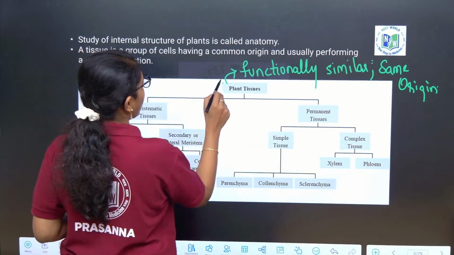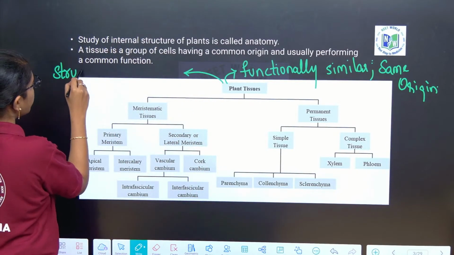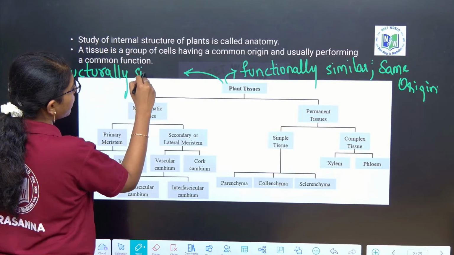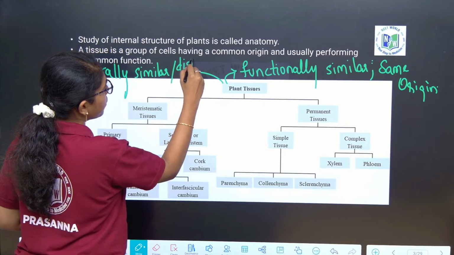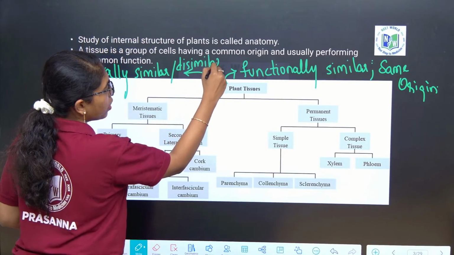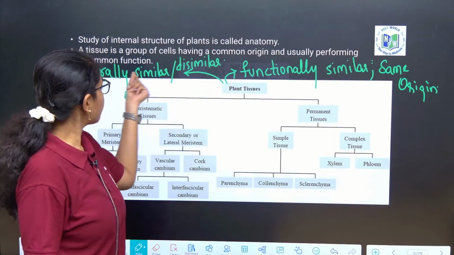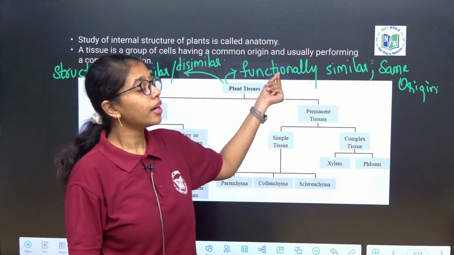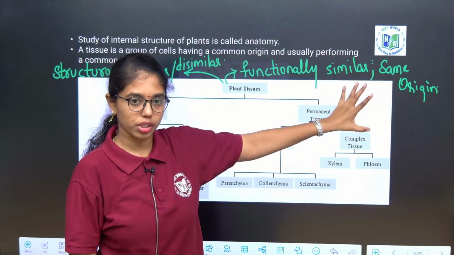Clear? What do you call tissues? A group of cells which can be structurally similar or dissimilar, but they are functionally similar and all those cells have the same origin.